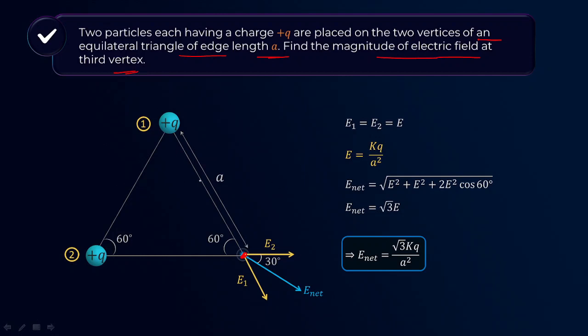The electric field for the first charge will be in this direction, and due to the second also in this direction. The angle between them is 60 degrees. So E net will be the square root of E1 square plus E2 square plus 2E square cos 60. The separation is the same and the charge is also the same, so E will be the same. So E net will be root 3 E. Simple, easy question.